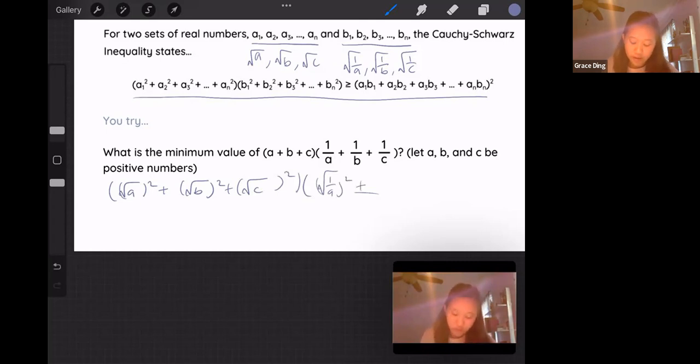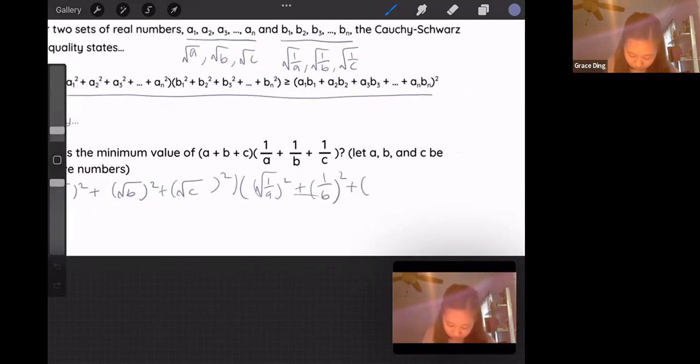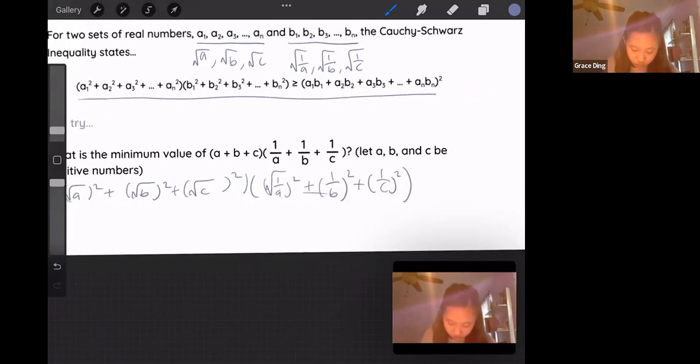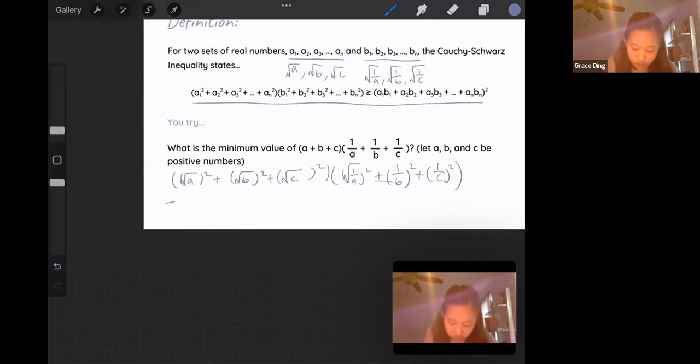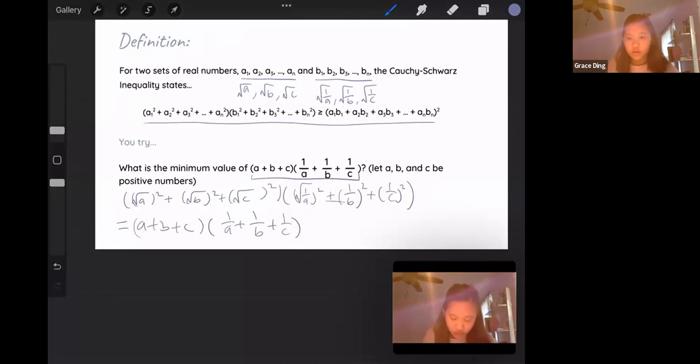I know this looks really repetitive, but I'm going to include all the steps. And then when you simplify this, according to the Cauchy-Schwarz, we can do this.